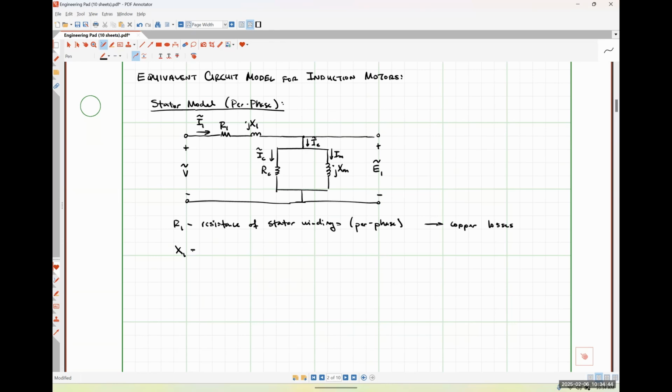X1 is our reactance of our stator winding, also per phase. So this is representing flux leakage.